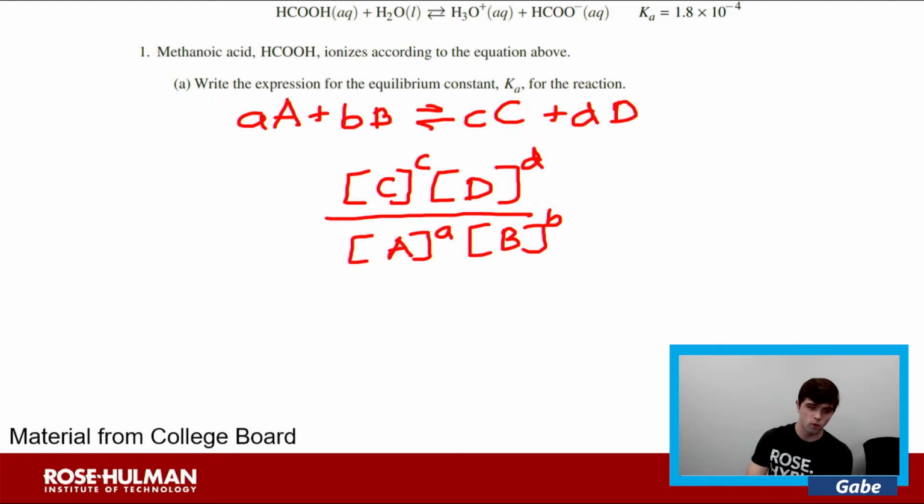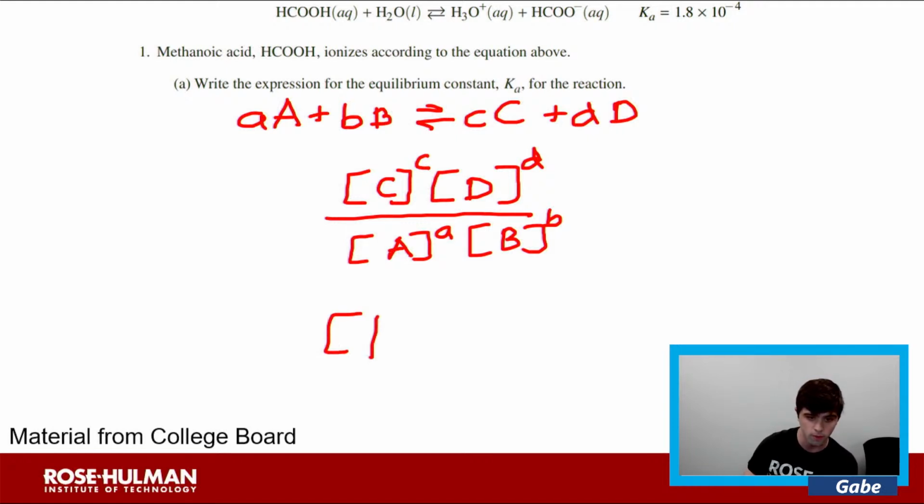However many coefficients we have, we raise its respective letter to that value. So when we look at our expression, we look at the products first, C and D, and we can write our first expression.